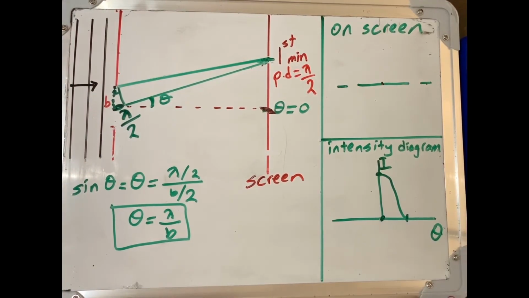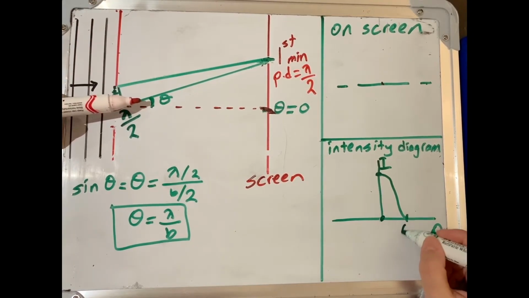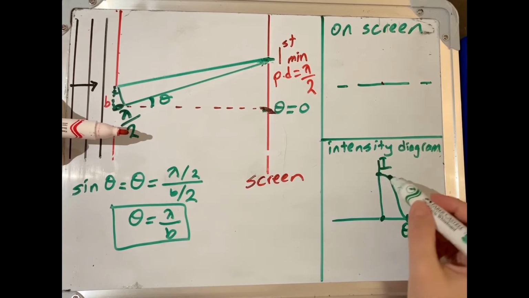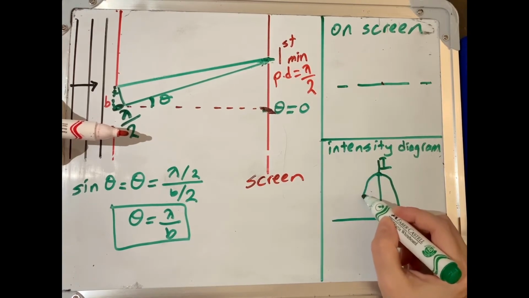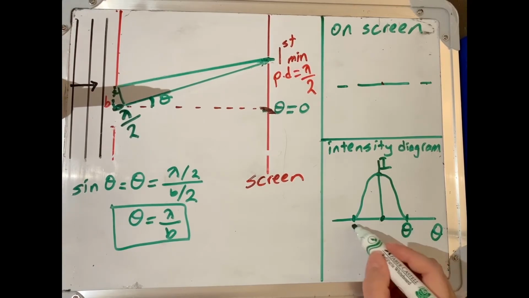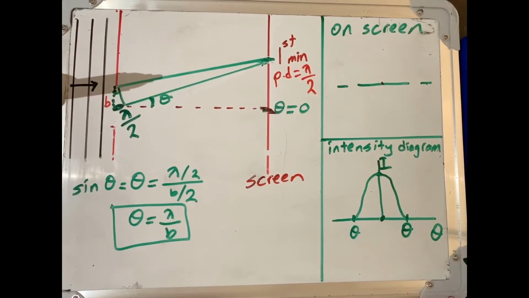this is the first destructive interference. So this angle right here is that angle right there. Symmetrically on the opposite side, reaching that point, this diagram is going to have another 0 right there. This angle and that angle are the same.